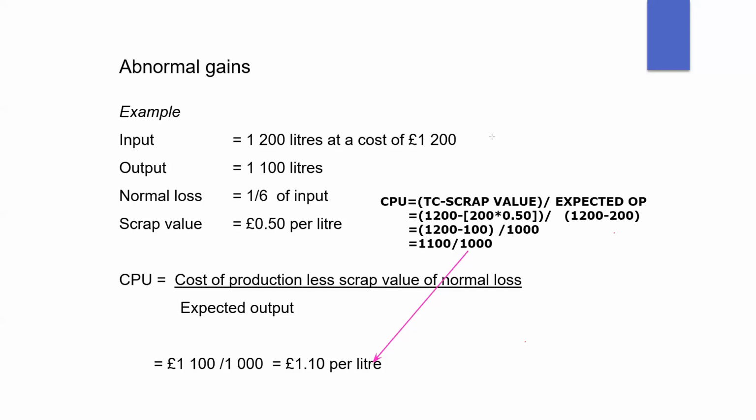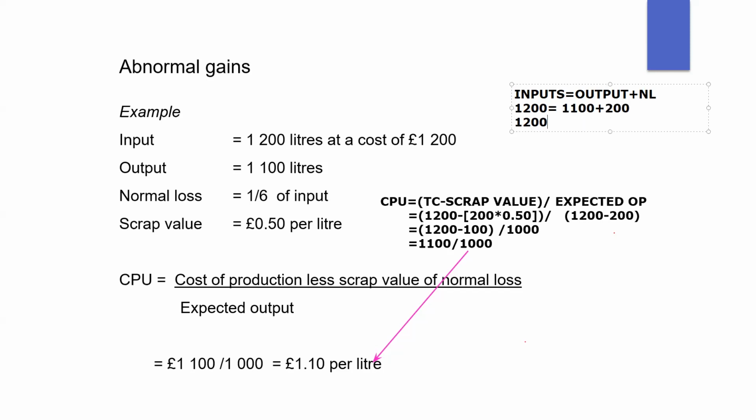Now let's see how we are going to record it. Let's see whether there is abnormal gain or not. As I mentioned earlier, inputs should be equal to the output plus the normal loss. Here input is 1200. The output is 1100 plus the normal loss of 200.